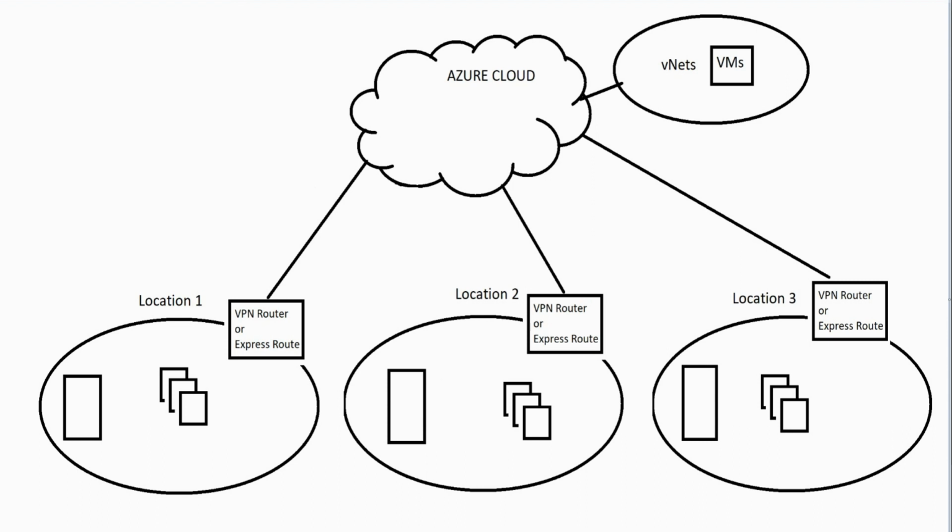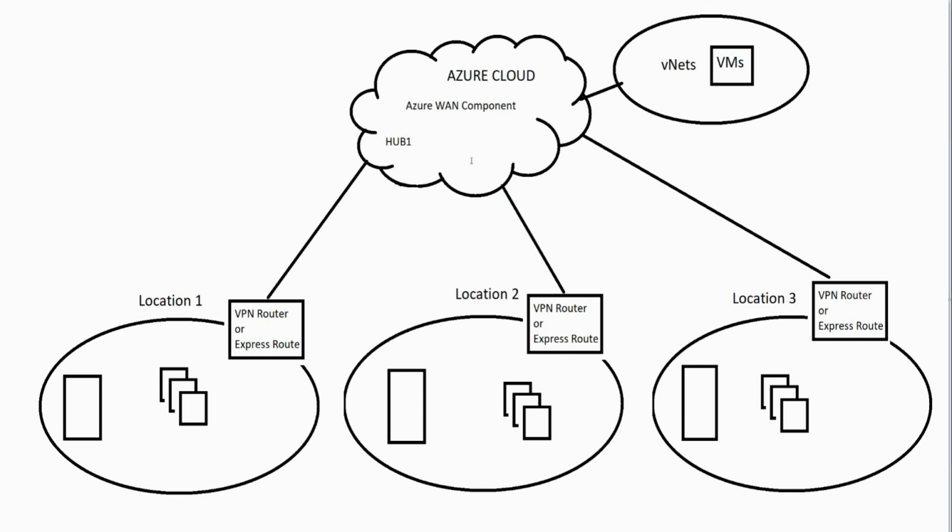What you are going to do is add a component into Azure known as Azure WAN. It's an actual Azure component called Azure WAN. And then underneath that WAN component, you can create what are called hubs.